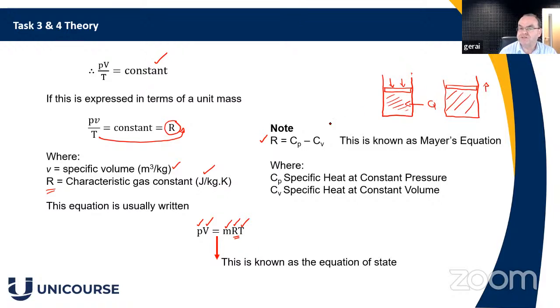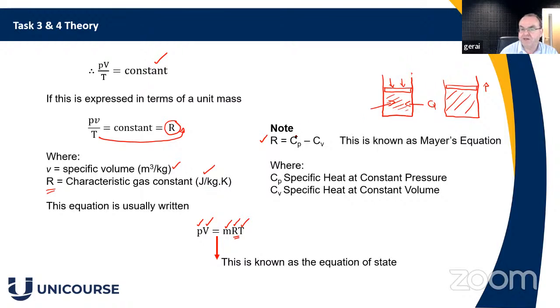Now, what the specific heat measures is the amount of energy that you put in to increase the temperature of the gas by 1 degree for each kilogram of gas. So the units are joules per kilogram K.